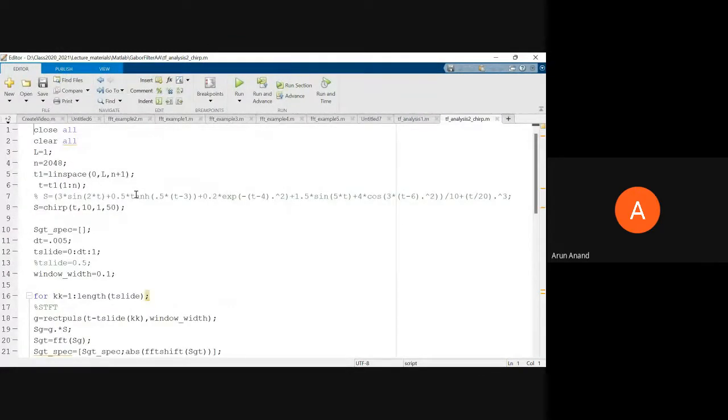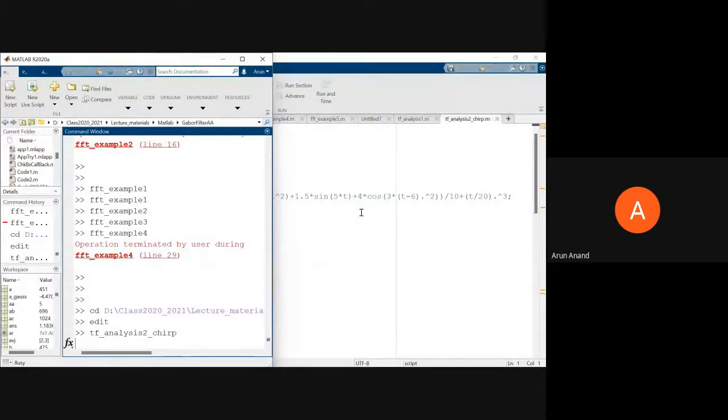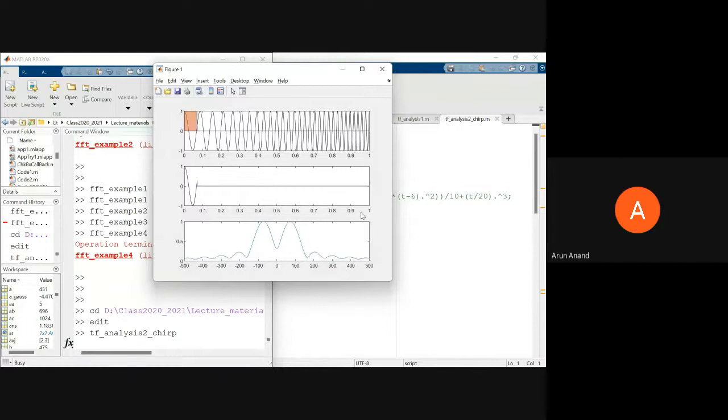Okay, here it is. Let us run this one first. It's taking a long time, just wait for a second, my laptop is slow. Let it run once and then we will talk about it. Just look at the spectrum. The bottom one with the blue line is the spectrum.